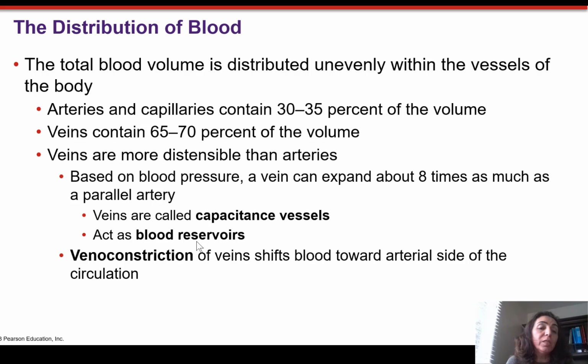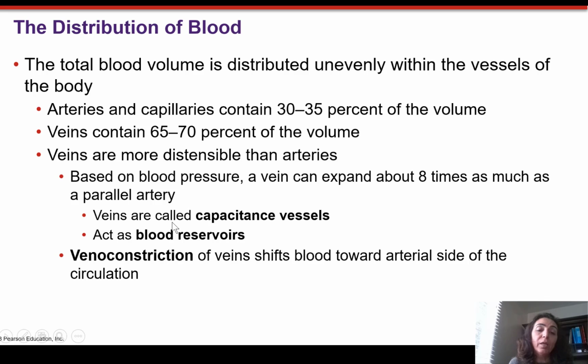Veins are more distensible because, as you have seen, they have a larger volume, right? Based on blood pressure, a vein can expand about 8 times as much as a parallel artery. Therefore, it can hold a huge amount of blood. Therefore, the venous system can act as a blood reservoir, right?